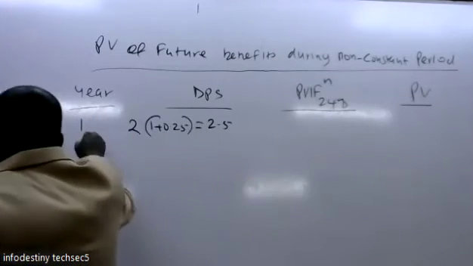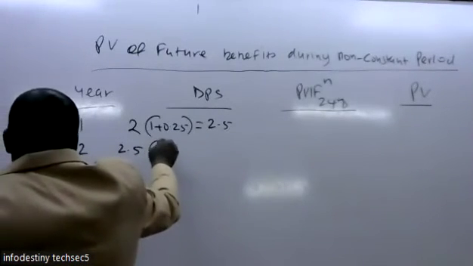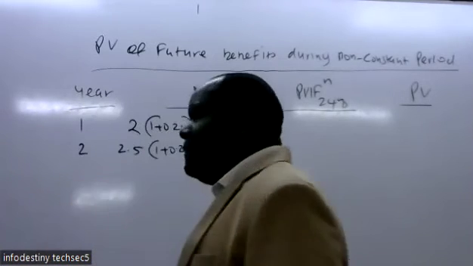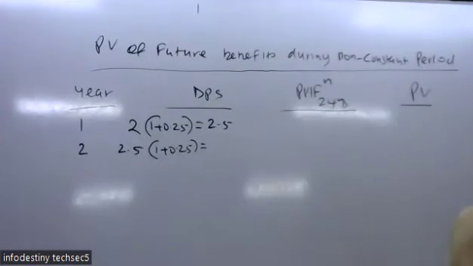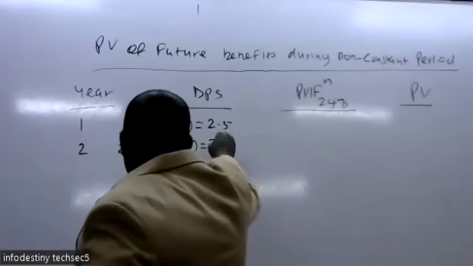Also for year 2, you take 2.5 and increase it by 25%. It will be 3.125.